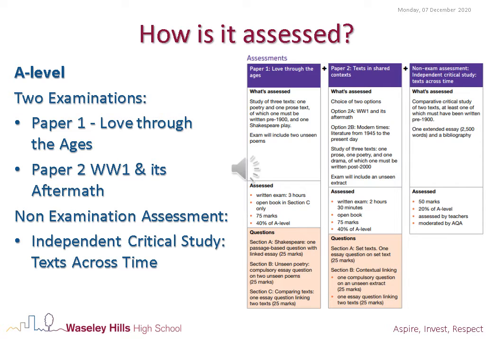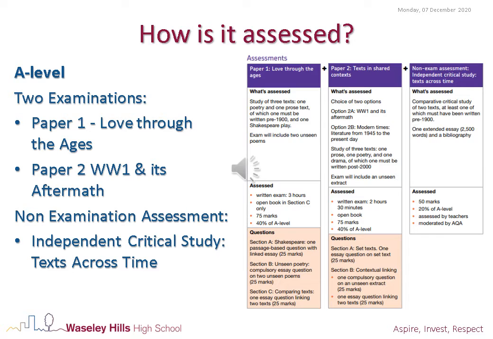This will be Othello, The Great Gatsby, an anthology of poetry, and some unseen information. For paper 2, it's World War I and its aftermath, and within that, again, you will study combinations of the texts that you studied over the 2 years.